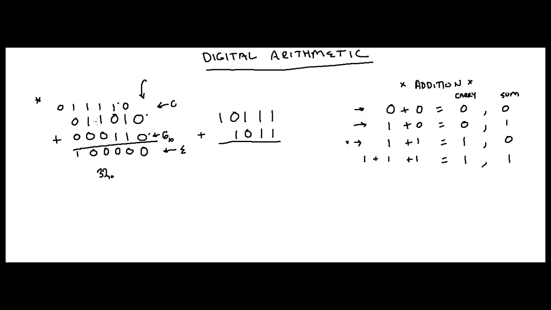So 2 and 8 is 10, and 16 is what? 26, right? Base 10. So 26 plus 6 is 32, and that's what we came up with, right? So it works, huh?